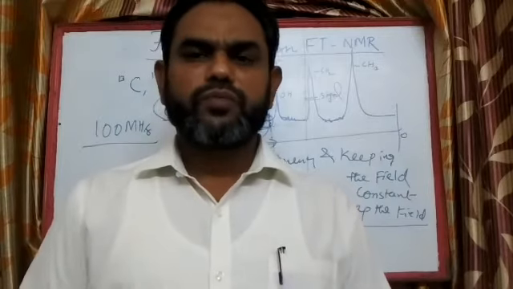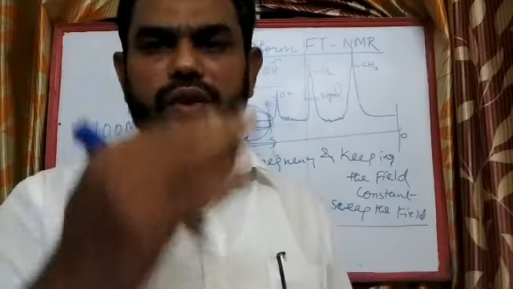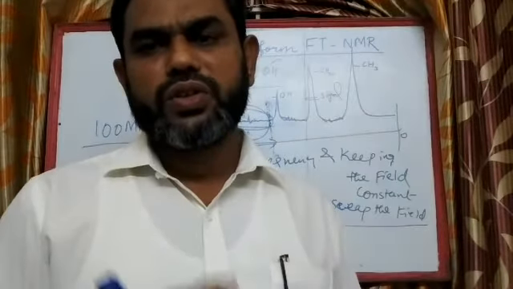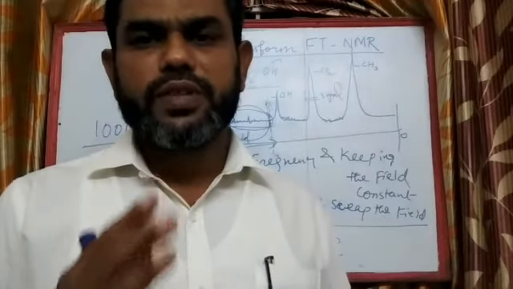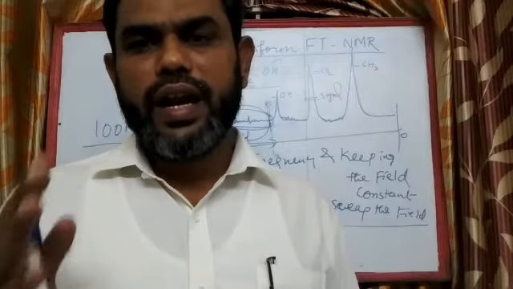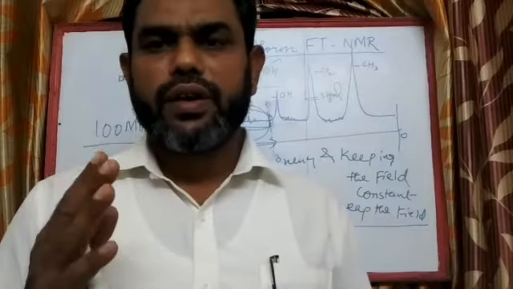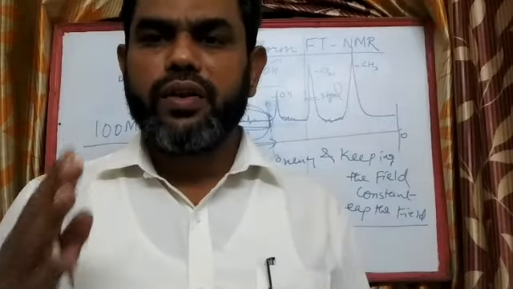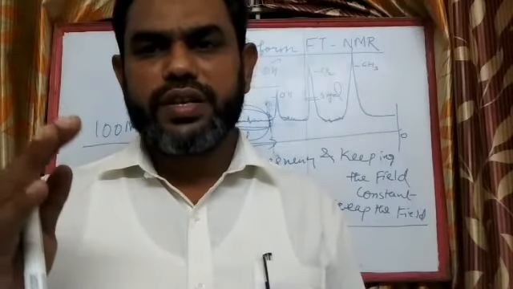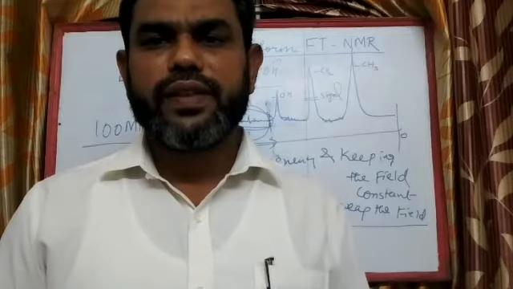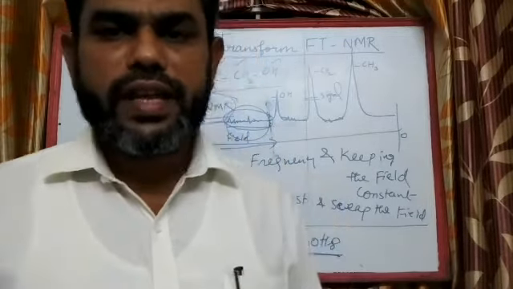In order to improve the sensitivity of the instrument, we must reduce the signal to noise ratio, for which this wonderful discovery, Fourier transformation, is very much helpful in getting a good spectrum for low concentrated solutions and for nuclei with a very low natural abundance. So how is the signal to noise ratio reduced and sensitivity of the NMR improved? That is by a technique called pulse NMR.